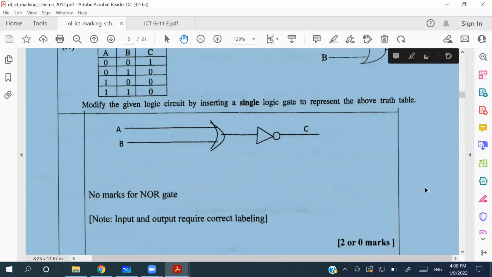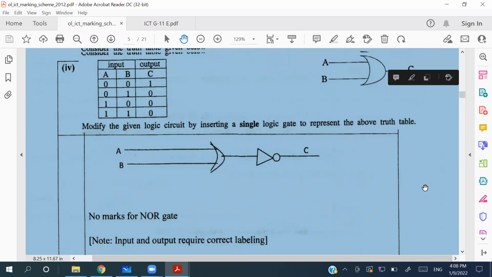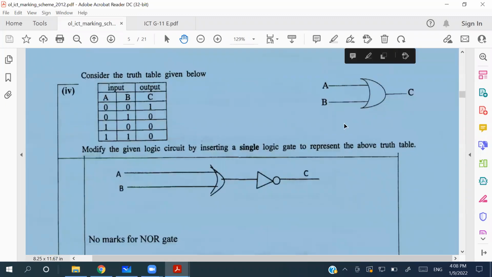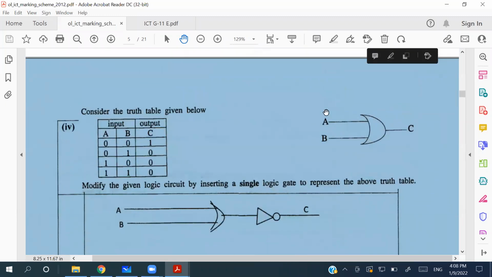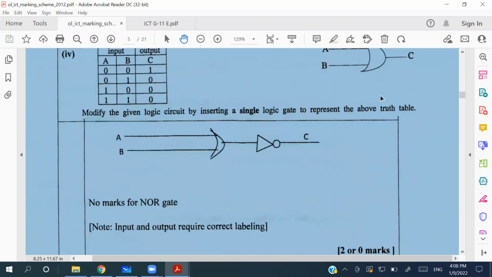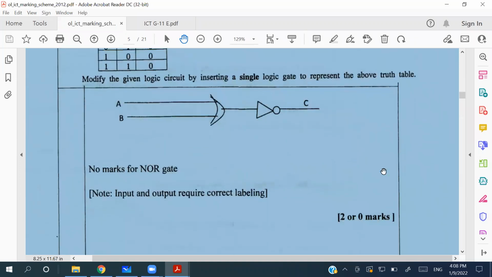But if you just draw a NOR gate, they are not going to give you the marks, because they are asking what modification should happen to the gate that is provided. So it should be this. If drawn correctly, you can have 2 marks.